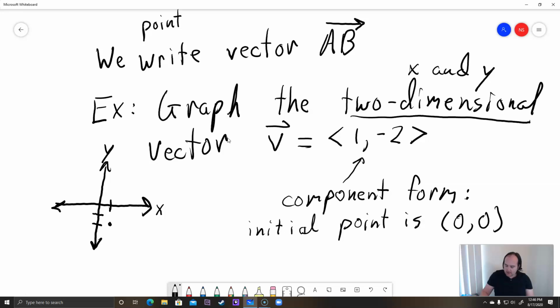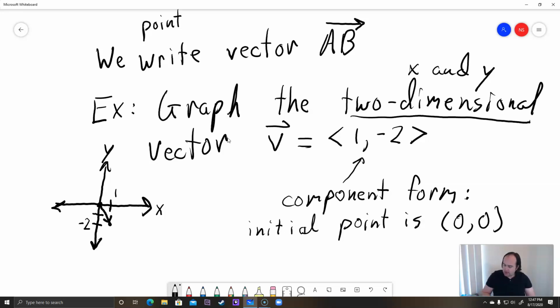And that point that I plotted there, 1 comma negative 2, is going to be the terminal point of my vector v. Okay, so I have my initial point at the origin, and then my terminal point is going to be 1 comma negative 2.